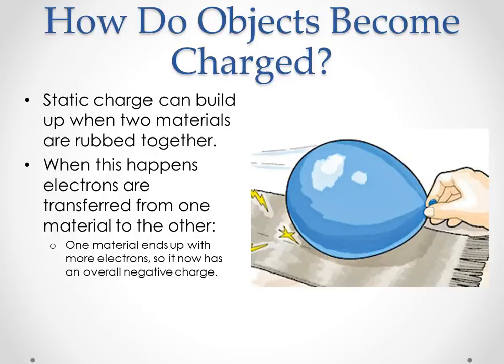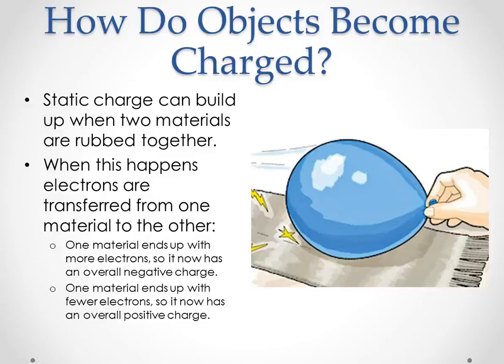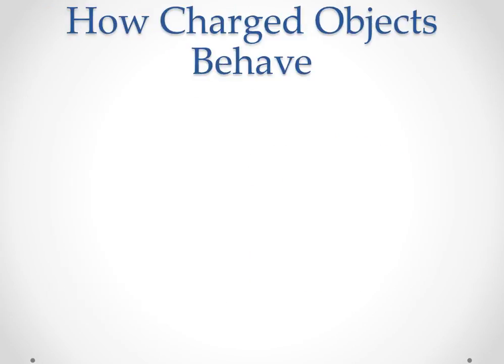If that happens, that means that one material ends up with more electrons, so it now has an overall negative charge, and one material ends up with fewer electrons, so now it has an overall positive charge. Some of the work that you'll do during this mission will hopefully let you see how that exactly works.